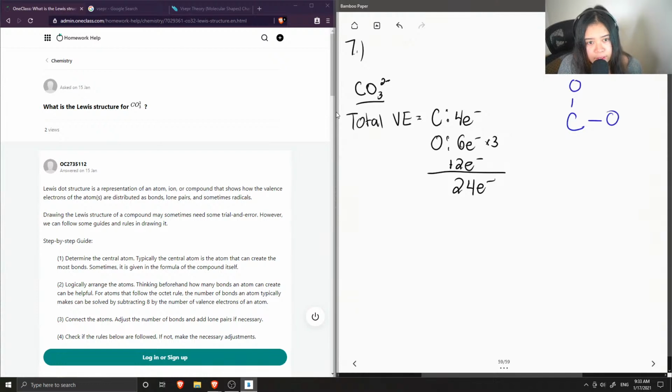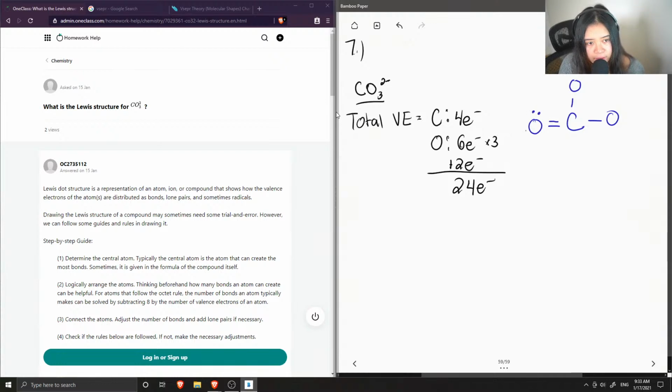And if we were to draw 3 single bonded oxygens, you'll notice that the carbon doesn't have a full octet yet. So I'm going to make one of them have a double bond.